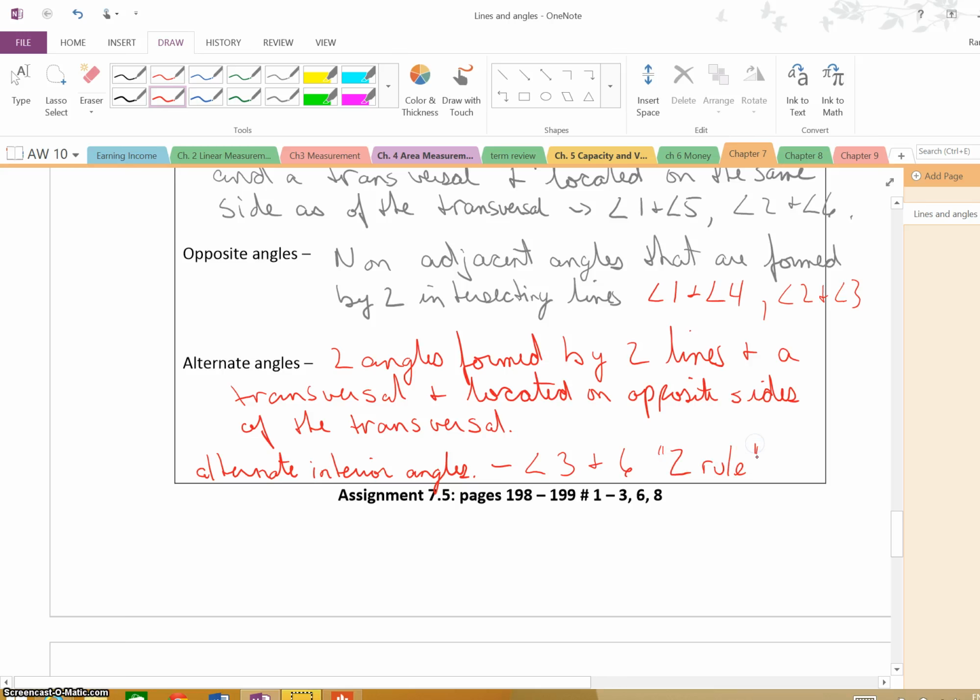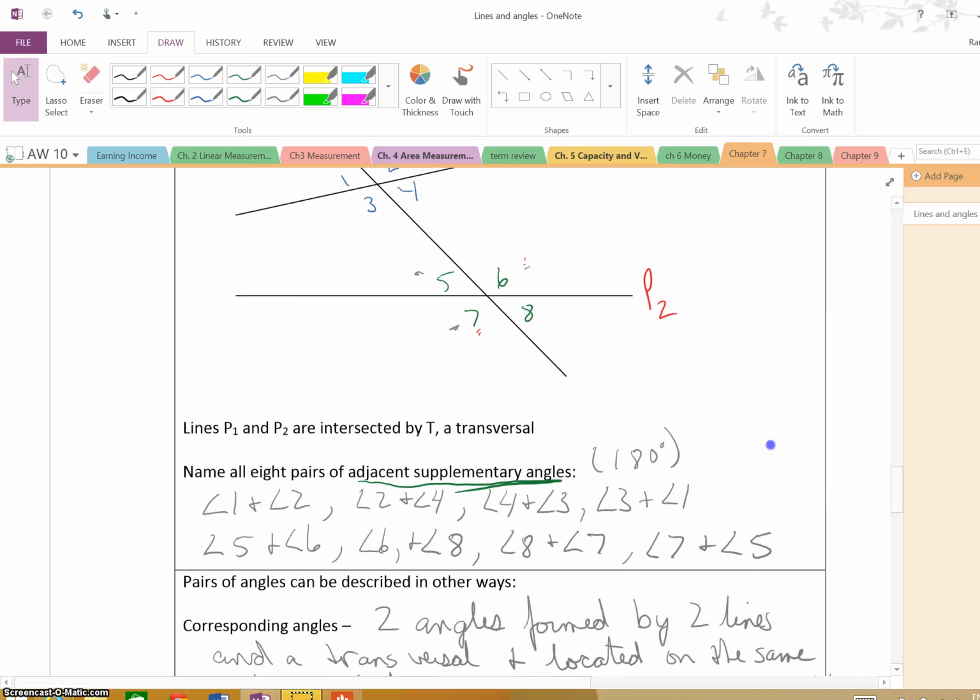The other one is alternate exterior angles. That would be angles 1 and 8.